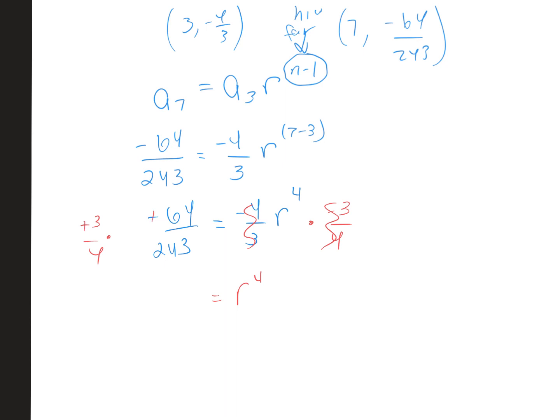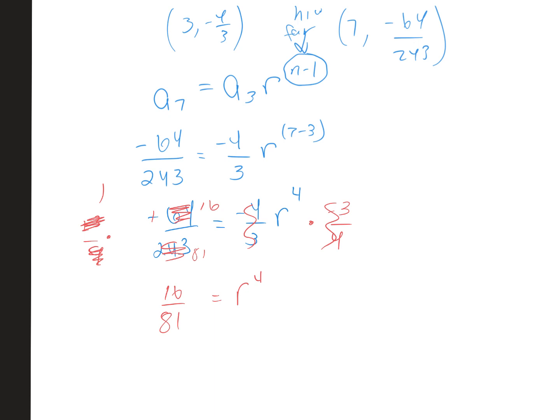A positive, good. 4 goes into 4 one time. 4 goes into 64 how many times? Guys, calculator, 64 divided by 4 is what? 16, okay. And then 3 goes into 3 one time. How many times does 3 go into 243? 81, okay, that's good. So you have 16 over 81.